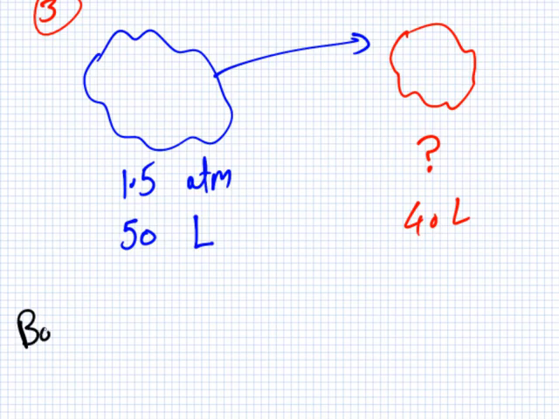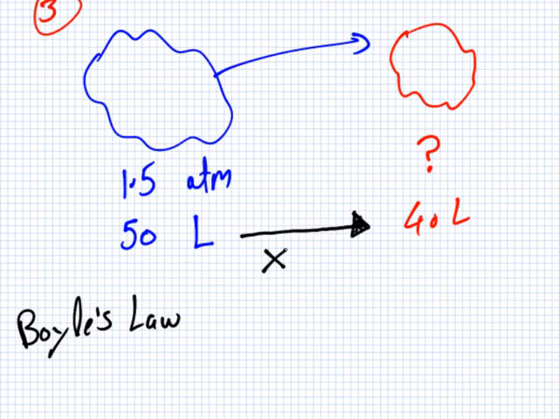So we can use here Boyle's law, because the volume was multiplied by 0.8. So the volume was smaller. So what happens to the pressure? Increase. So divide by 0.8. Or if that's confusing, you can write it like this as well.